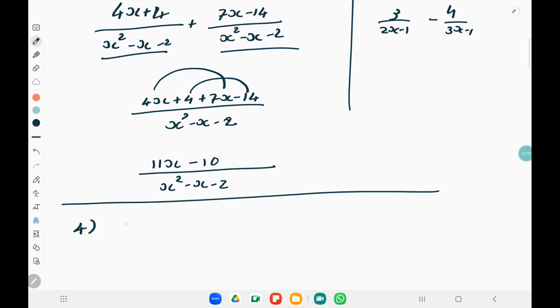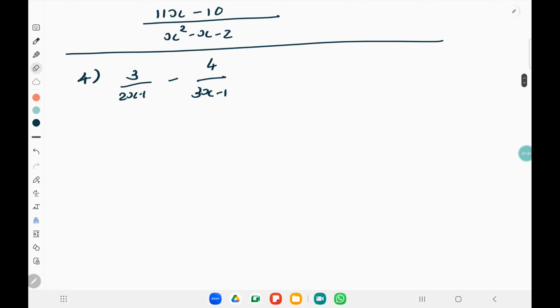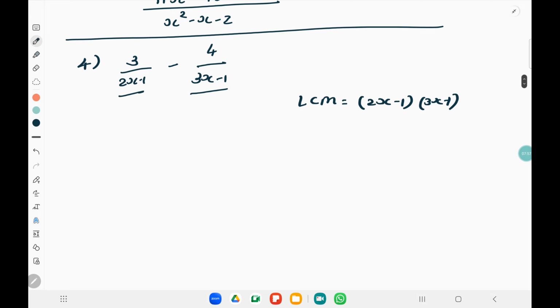Okay, so here 3 over 2x minus 1 minus 4 over 3x minus 1. Okay, let's move on to this question. So here what is our LCM? Okay, the denominators are different, so 2x minus 1 and 3x minus 1, the two brackets are our denominator.